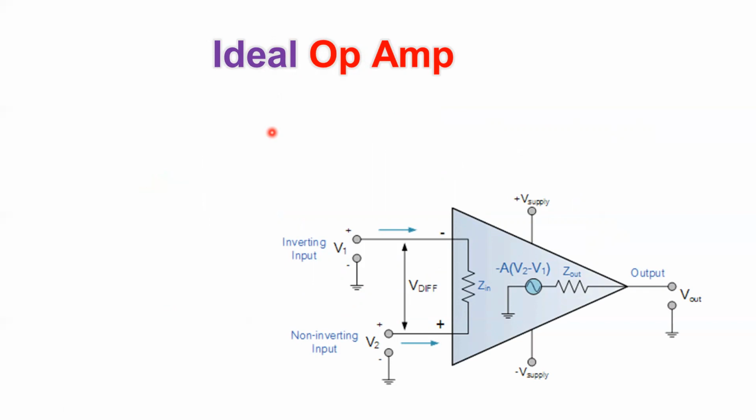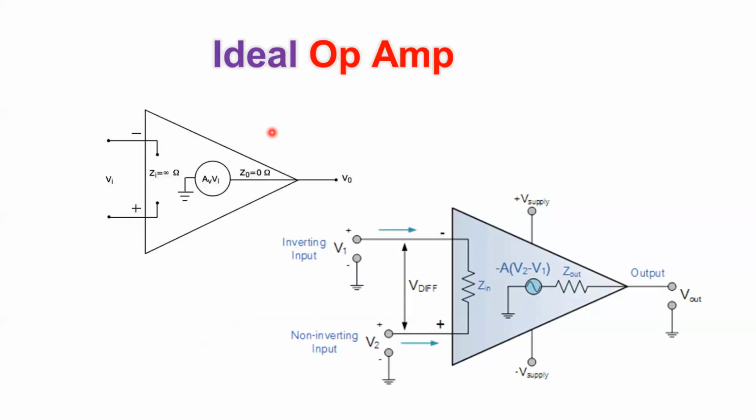But what is the difference between the real operational amplifier and the ideal one? Now, this is the ideal operational amplifier. In the ideal operational amplifier, you will find that the input resistance is equal to infinity. This is the first thing. The second issue is that Z out, the output resistance, is equal to 0.